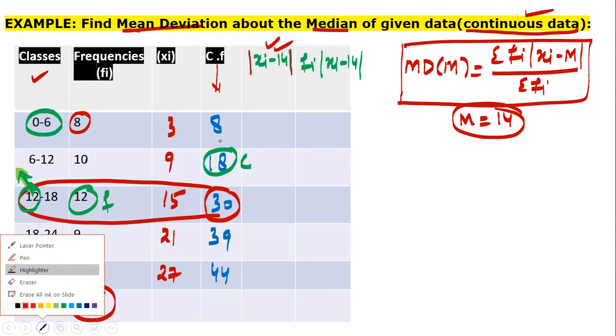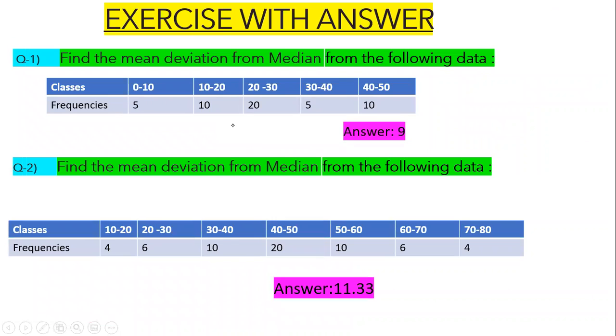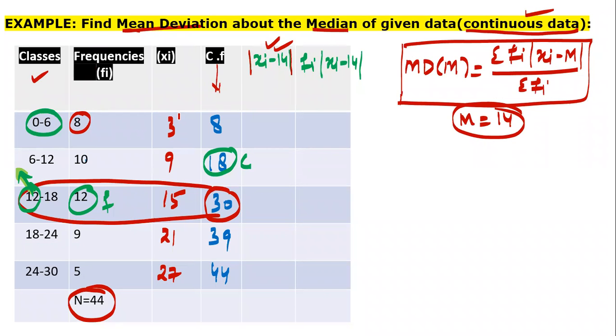Xi minus M. Xi is 3, so 3 minus 14. 9 minus 14.